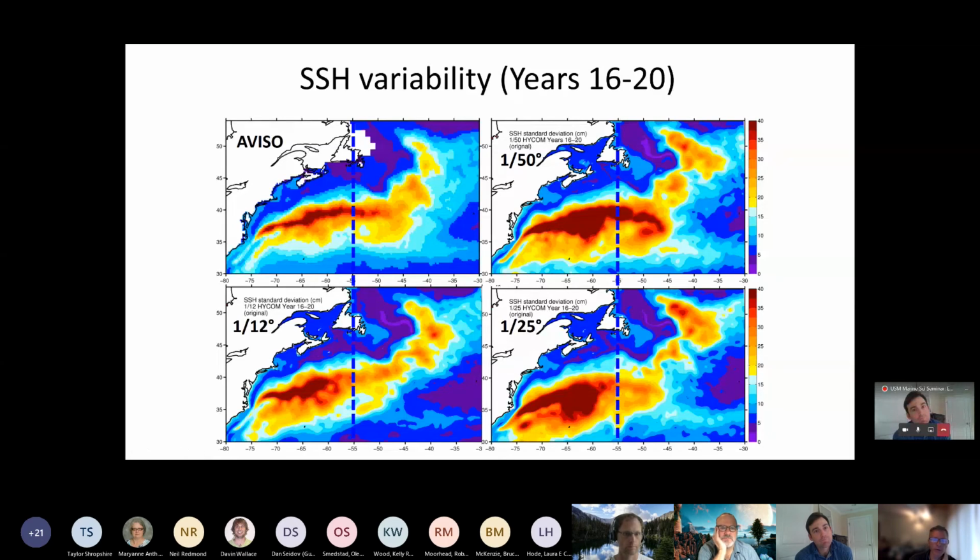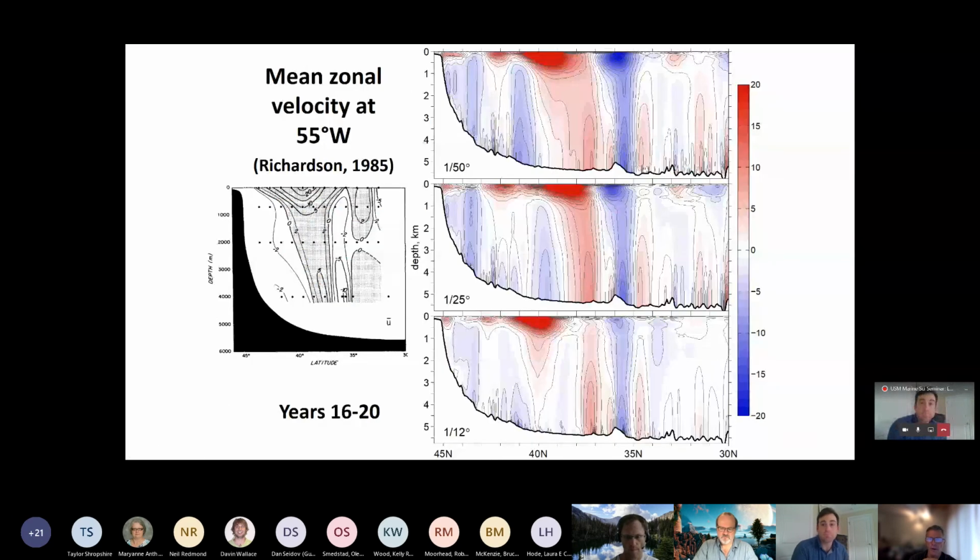But first, we're going to look at a cross-section here on this line, to look at the impact of the sea surface height variability on the interior. That's based on measurements that were taken at 55 West by Richardson. It shows that the mean velocity of the Gulf Stream at the surface extends to about 1,000 meters, with some signal all the way in the vertical.